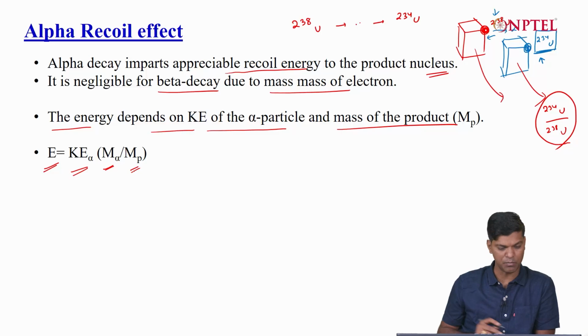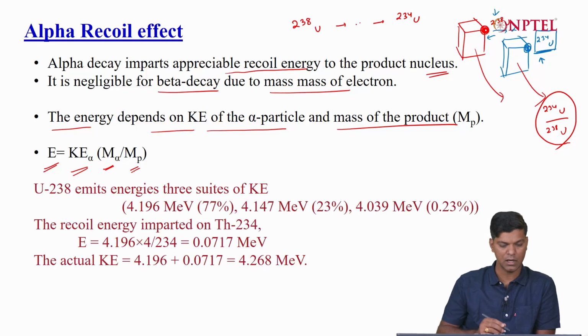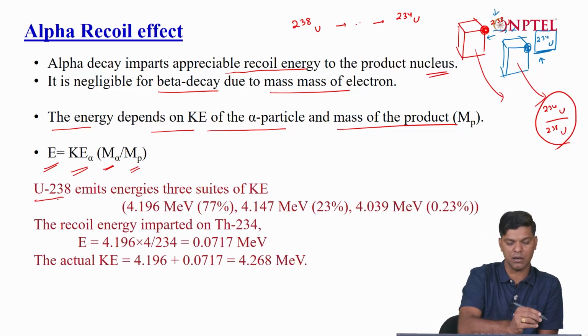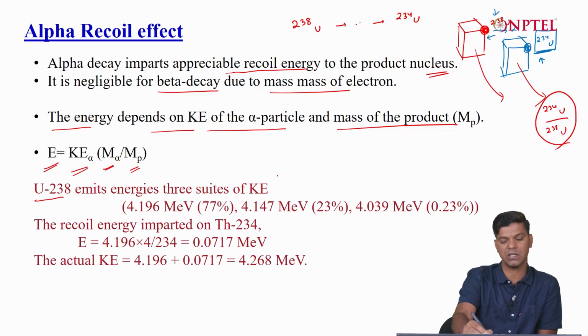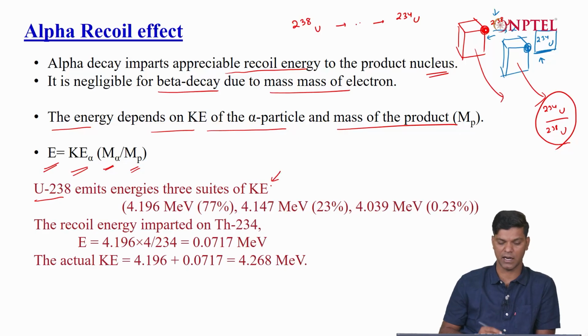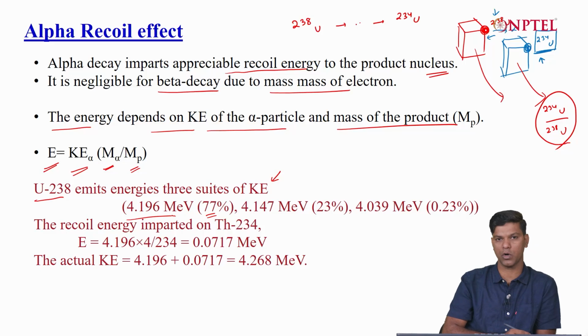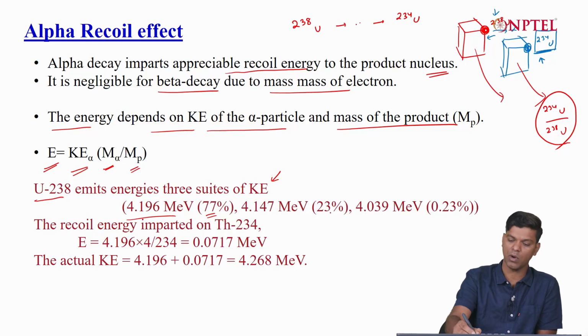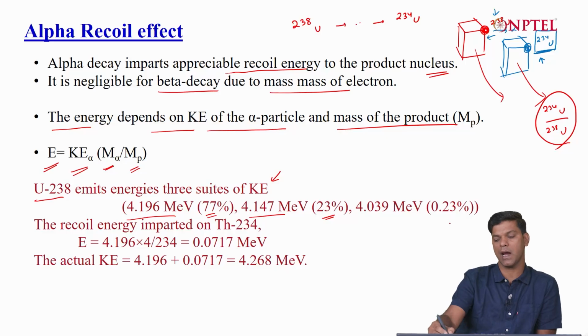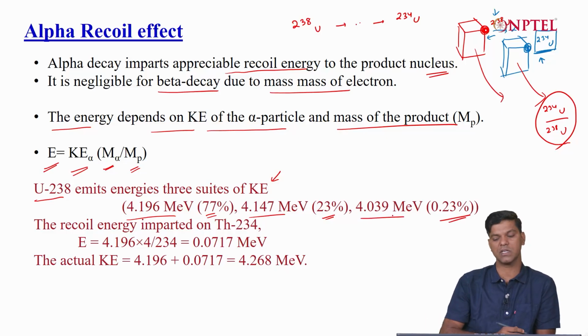To give you an example, 238 uranium emits energy in 3 sets of kinetic energy. 77% of the energy goes in the mode of 4.196 MeV, 23% goes in 4.147 MeV, and 0.23%, an almost negligible part of the energy, also comes in 4.039 MeV.